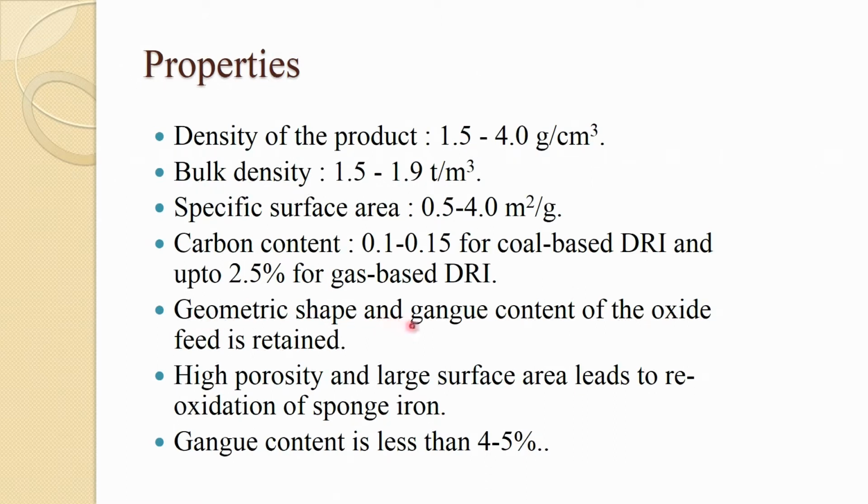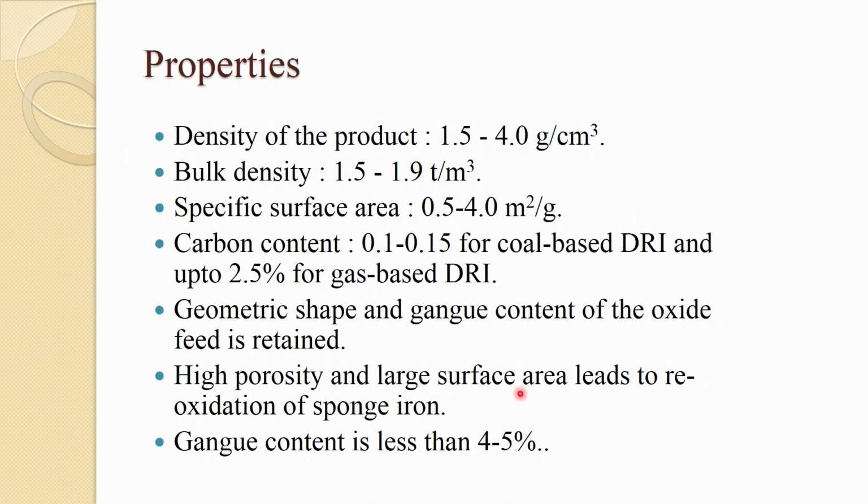So, geometric shape and gangue content of the oxide phase is retained, because there is no slag formation in this DRI. So, whatever gangue is there, it is within that sponge iron or direct reduced iron, which is retained.